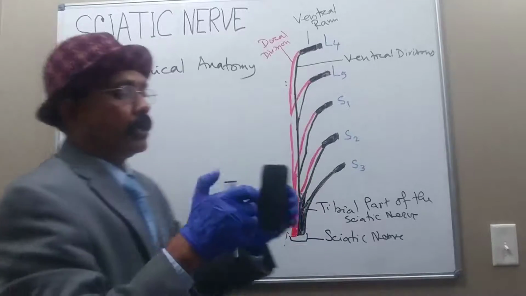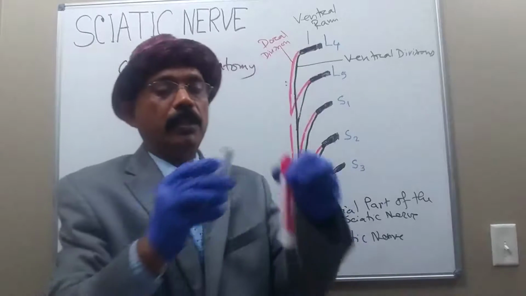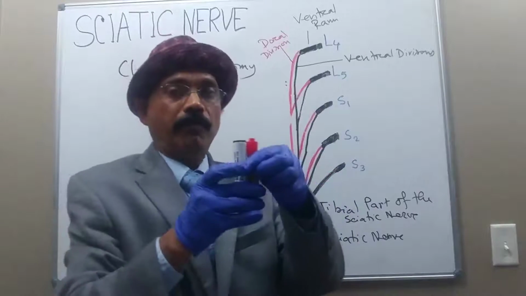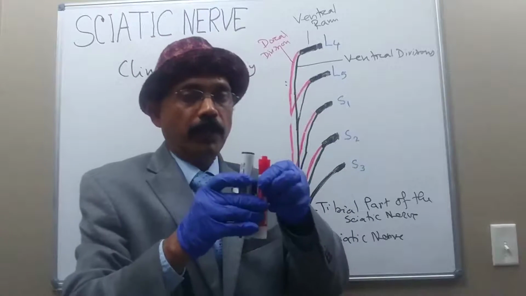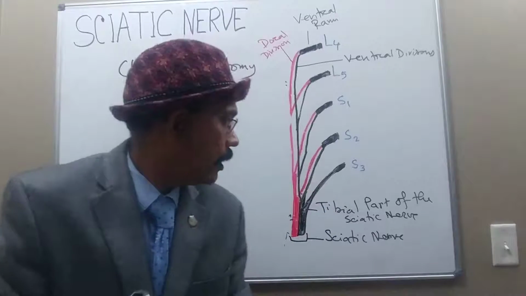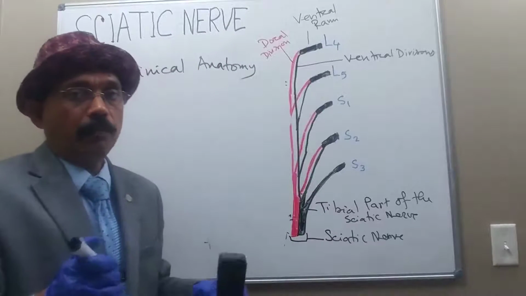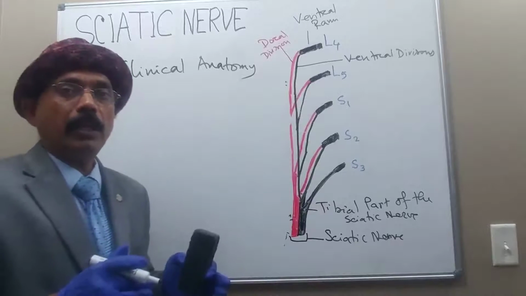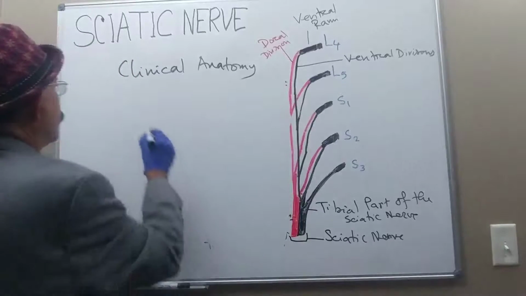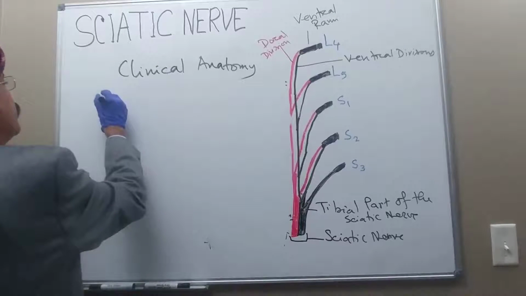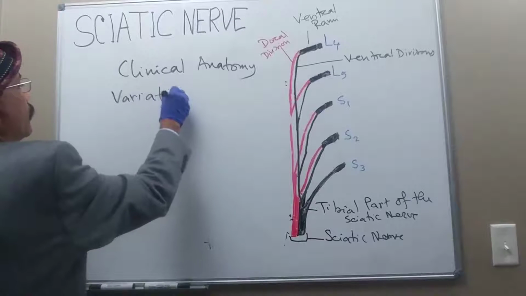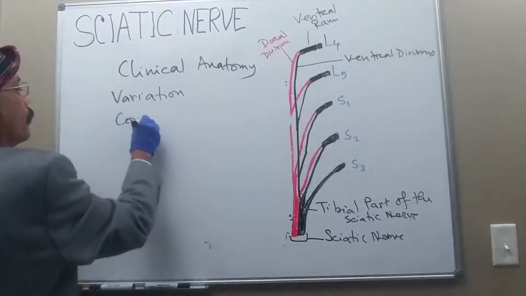They are actually coming close together, the tibial part and the common fibular part, by connective tissue, but they may split not at the apex of the popliteal fossa, they may split in the pelvis. So we have variation that is very important.